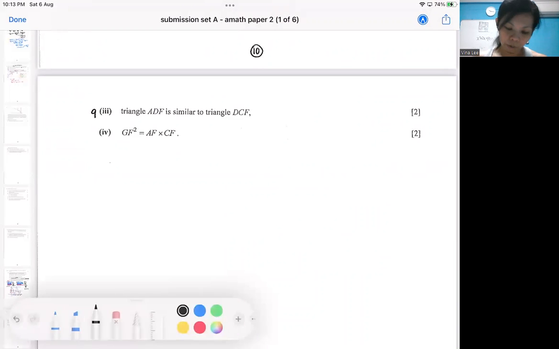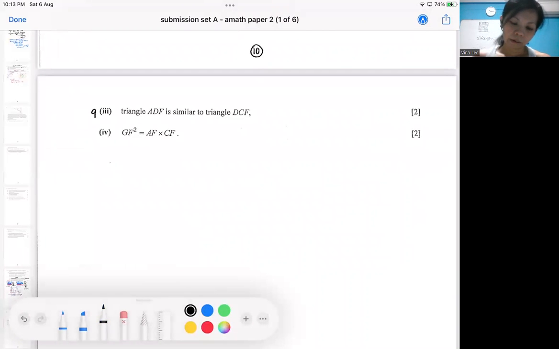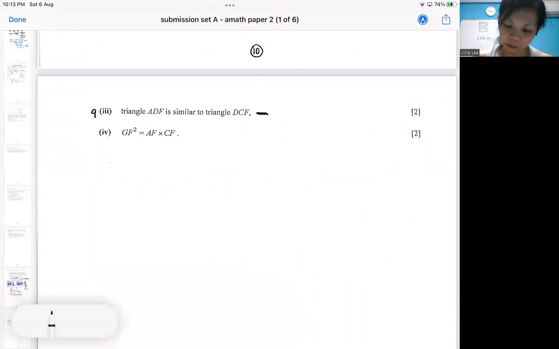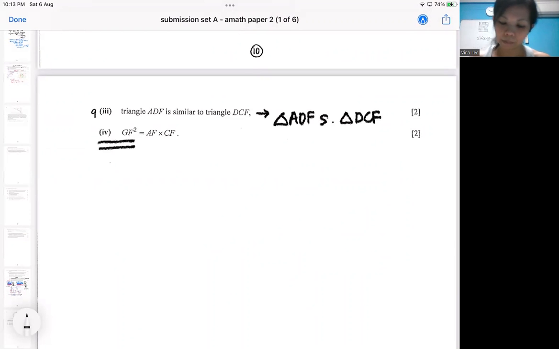So how would you approach after this? So obviously when it's similar already, no matter what, try to write out the ratio. So scribble around your ratio. Hopefully you can try to get this. So I'm going to scribble out.